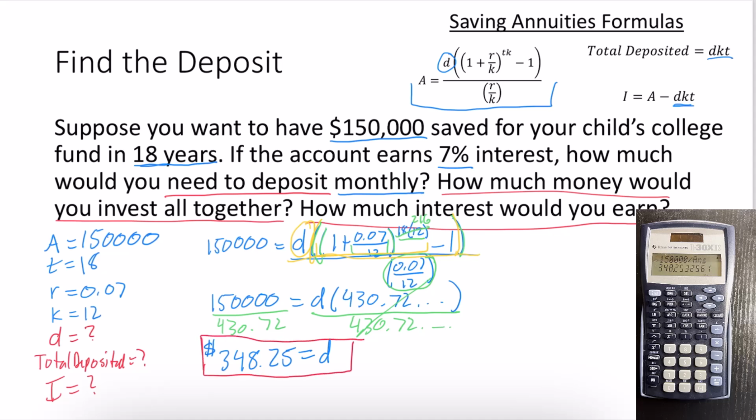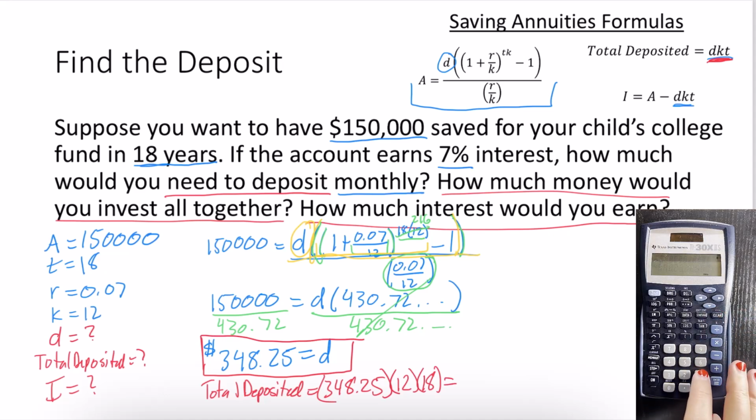And to find the total deposited, I'm going to use the other formula right here. So I take that value for D that I just found, which is $348.25, and I'm going to multiply that by the number of compounds per year, which is 12, and then also multiply that by the number of years.